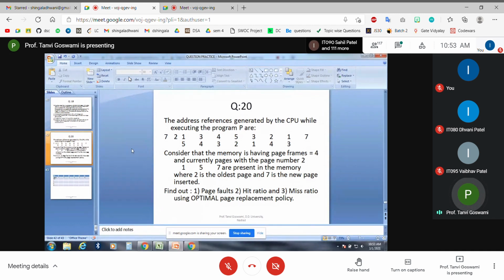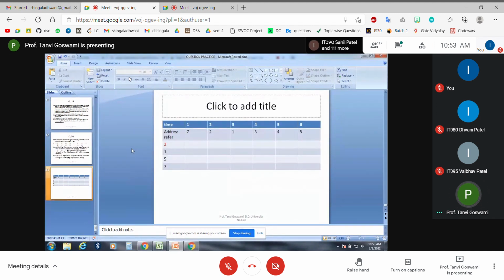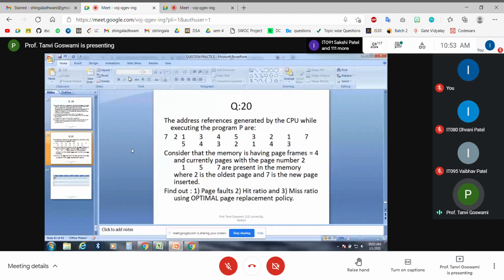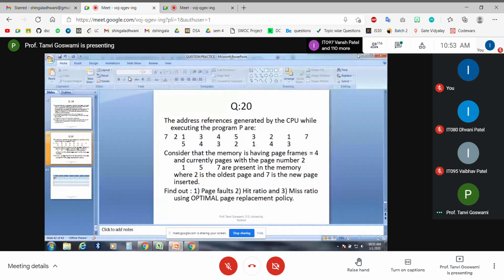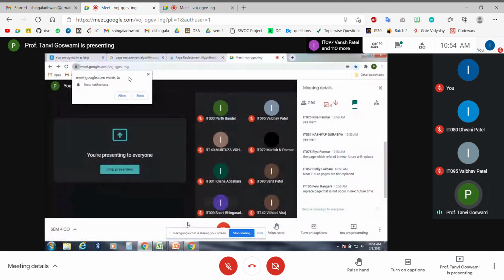Here I used a color convention, that is red, but while you are writing in the book you need to mark it with a star, for the understanding that this page is going to be replaced first whenever there is a request for a new page. All right. If you are done, write your answers.